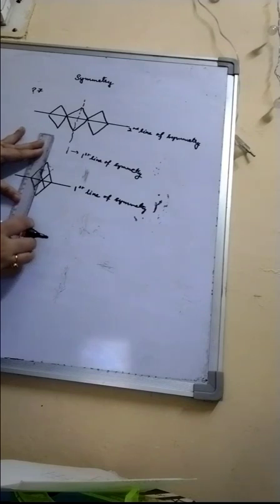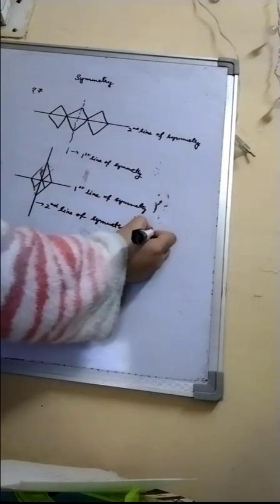And then the second line of symmetry would be vertical. This would be the second line of symmetry. The left portion would overlap the right portion. Always remember these symmetries are reflection symmetries.